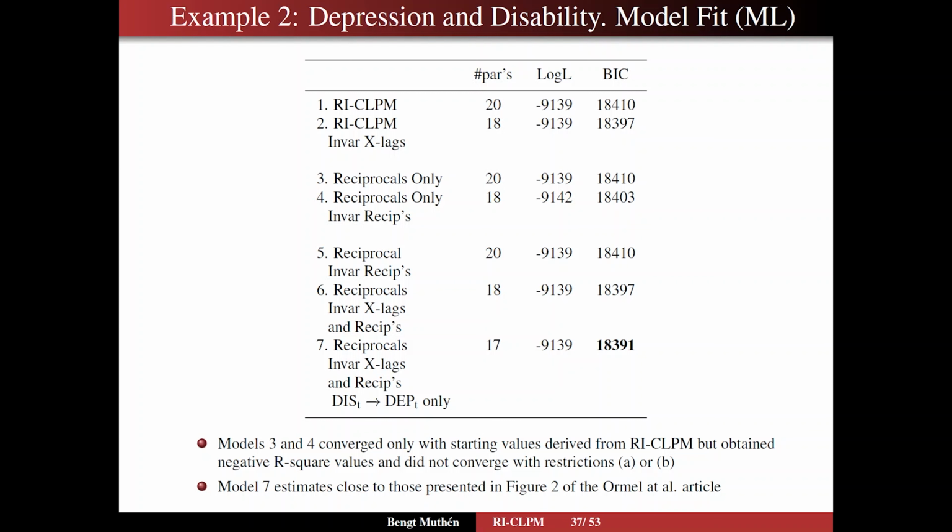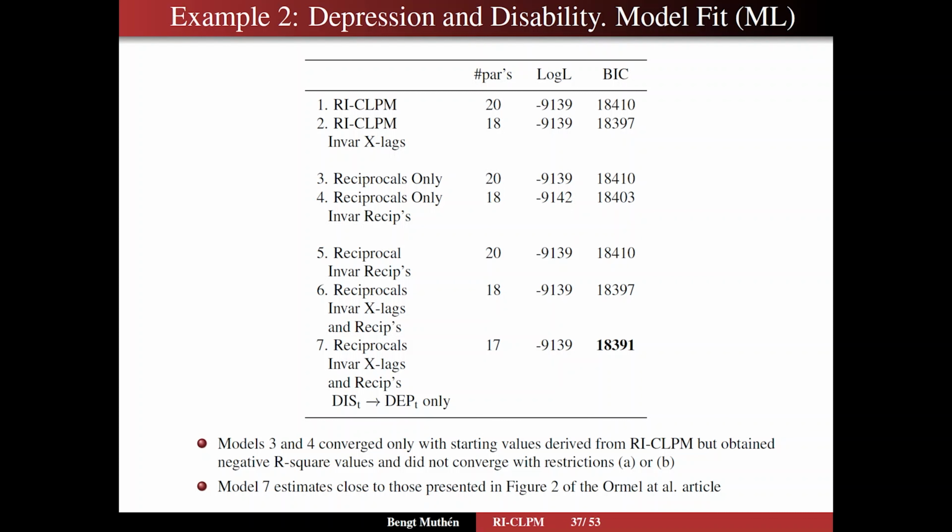Now models 3 and 4 are reciprocal only models. The first one is equivalent to the first RI-CLPM, and in the second one you impose invariant reciprocals, which you don't need to do for the reciprocal only model, and thereby you reduce the number of parameters to 18, and you get a slightly worse fit in this model by doing so, but not by much.